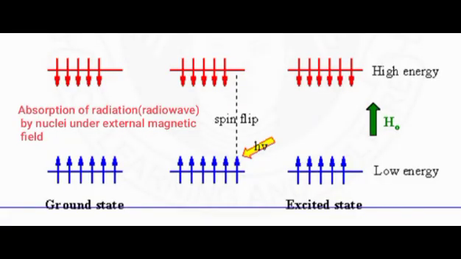So when these nuclei absorb these radio waves, they move from a low energy state to a high energy state, which makes them resonate with the external magnetic field because nuclei themselves have magnetic properties.